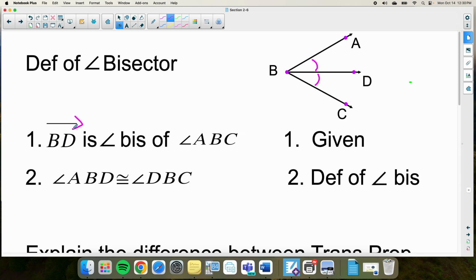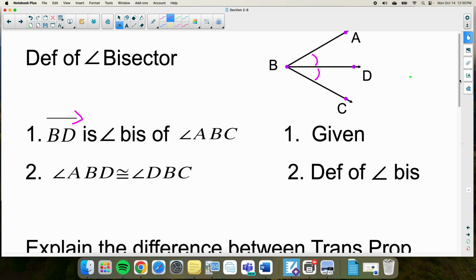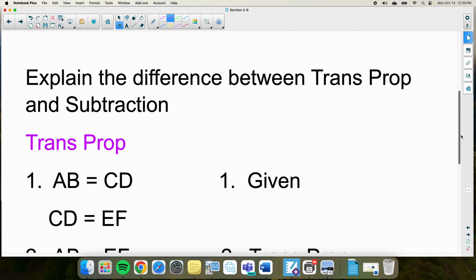So what happens here is these 2 parts are congruent. So what you would say is then that angle ABD is congruent to angle DBC, and our reason is definition of angle bisector. That is something that we use and you may see in your assignment today.